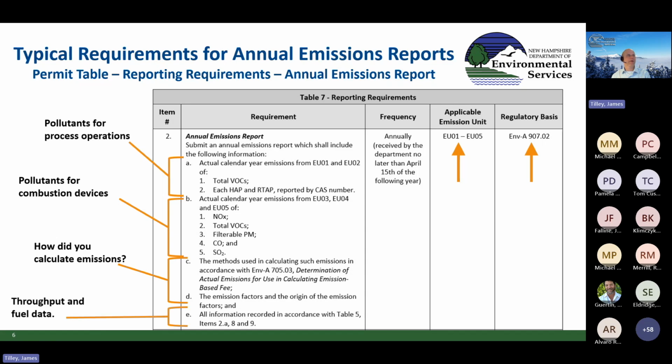Also critically, there usually is at the bottom of this item, all information recorded in accordance with Table 5, items 2A, 8, 9. Okay, this is just a specific example, but this is your record-keeping table.